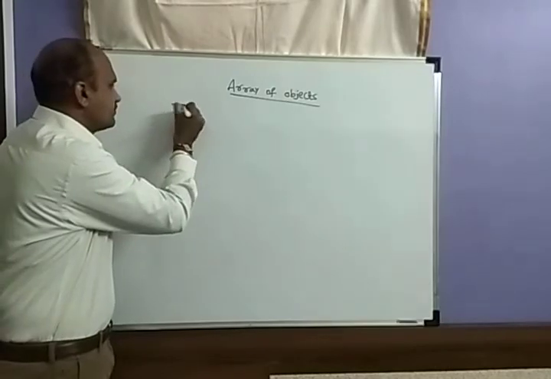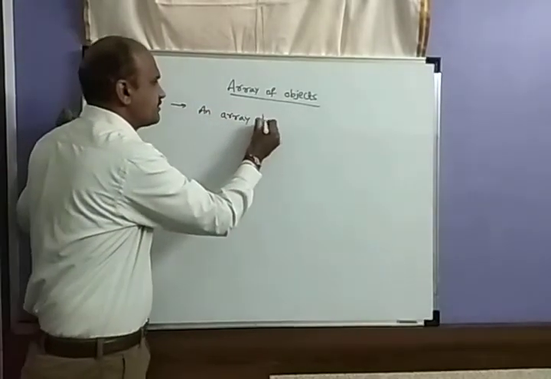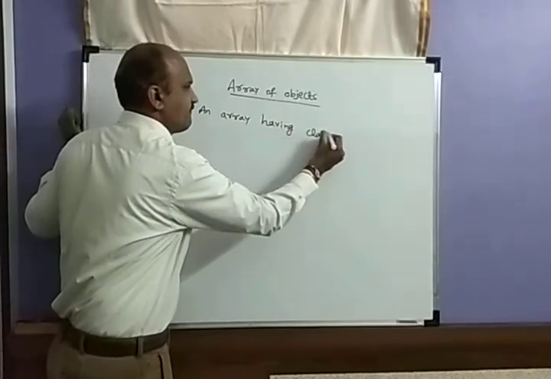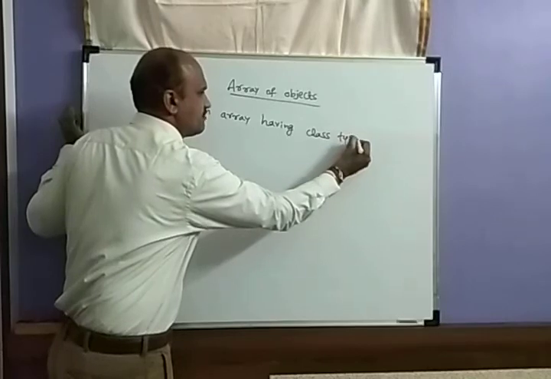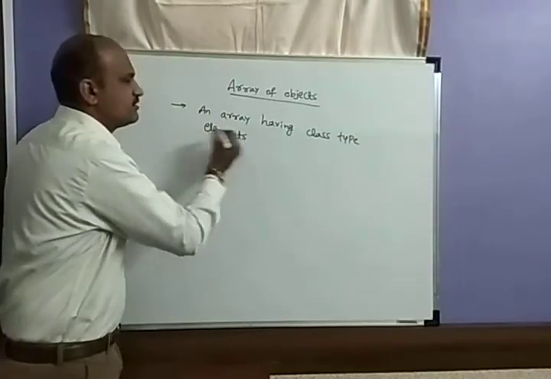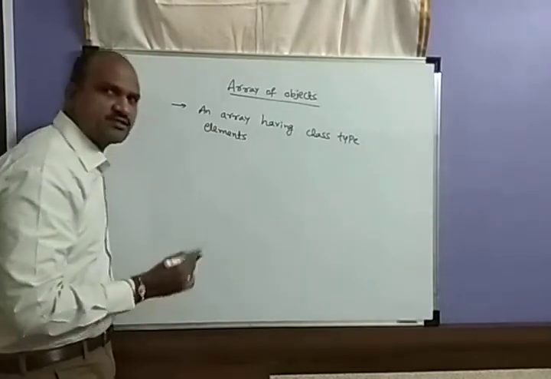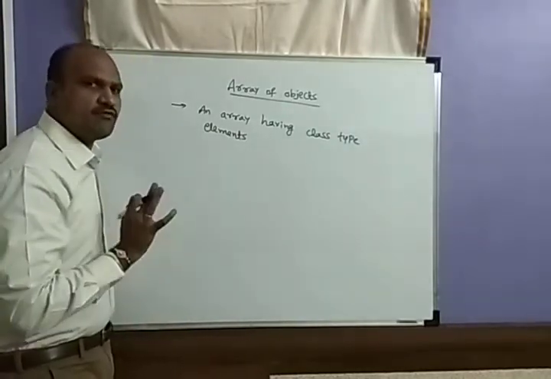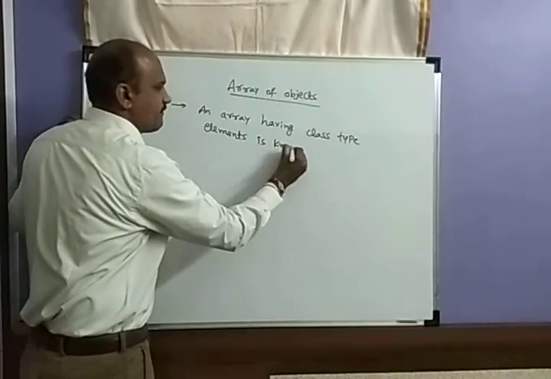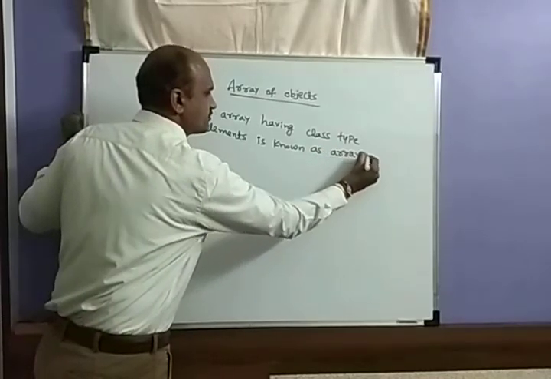Whatever array you define having class type elements is known as an array of objects.